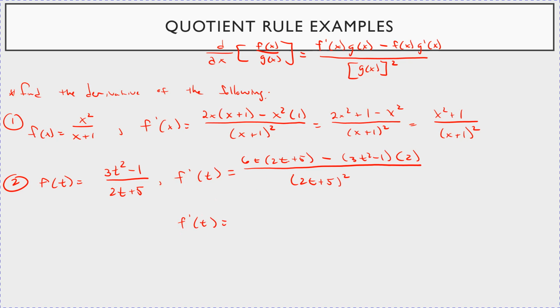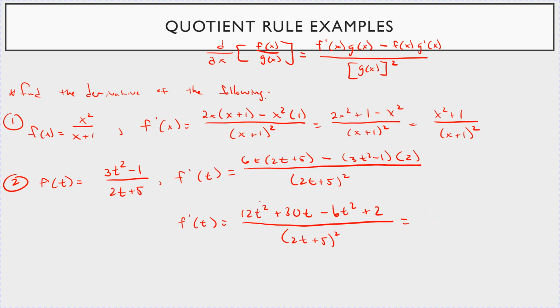Distribute, right? 6t times 2t gets me 12t squared plus 30t. And then don't forget the negative here. So minus 6t squared. And then minus times negative 1 becomes positive, plus 2. All divided by 2t plus 5 squared. So then I'm just going to clean this up, right?